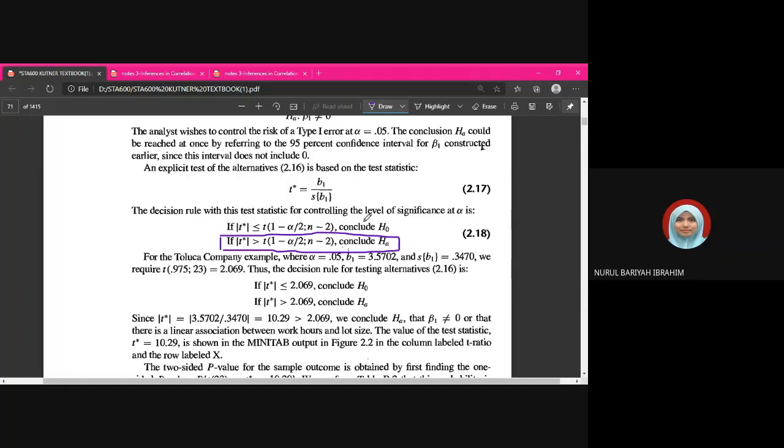If not, we fail to reject H0. If we reject H0, we can say that there is a linear relationship between Y and X.